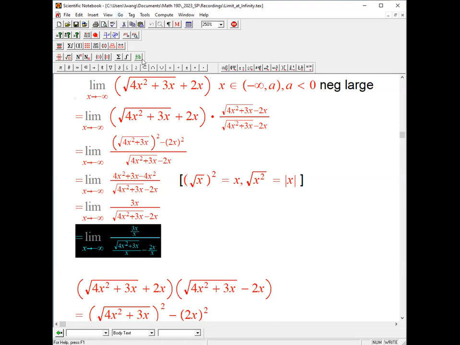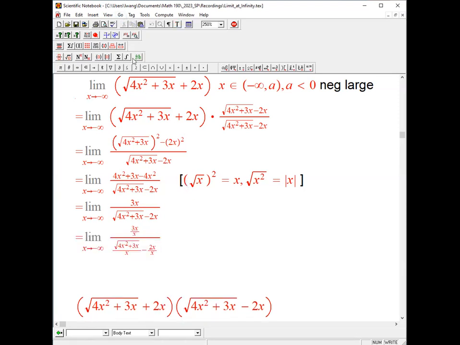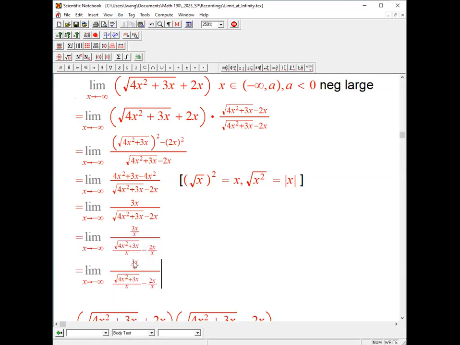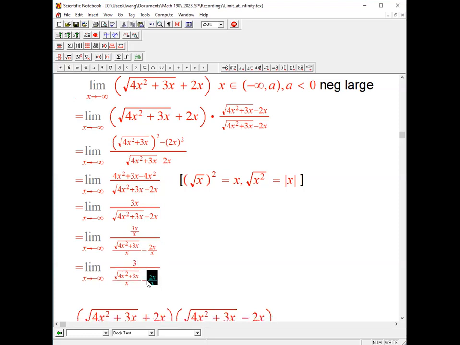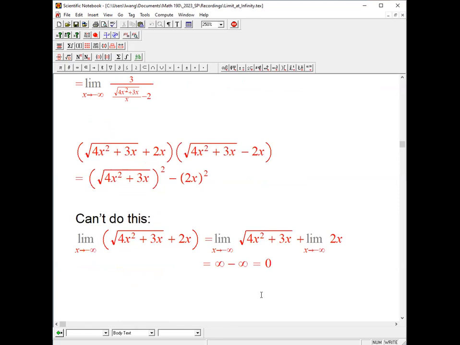And then what do we get? 3x divided by x is 3. 2x divided by x is 2. And what are we going to do about this piece? That's right, we want to bring the x inside the root. But we already have some ready-to-use principles we have done before.